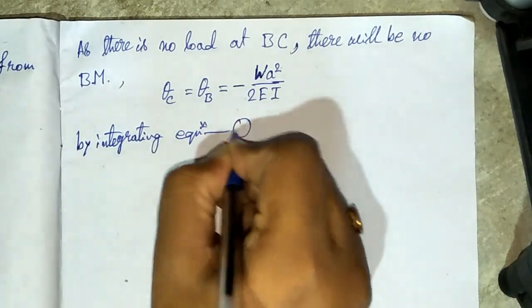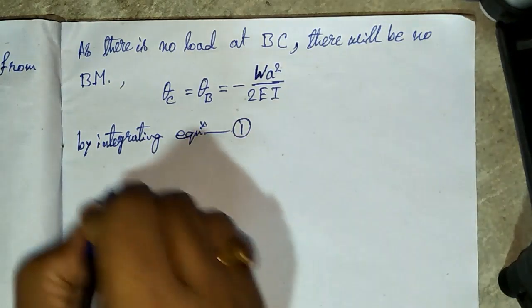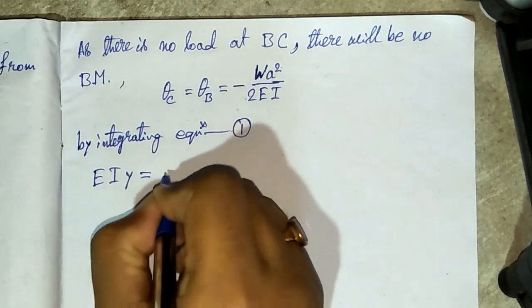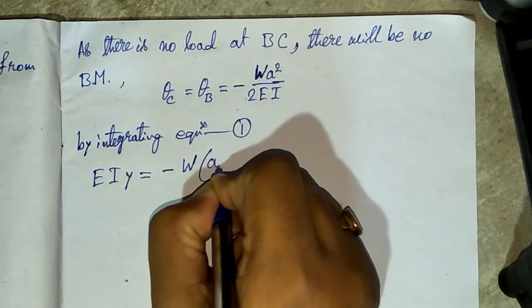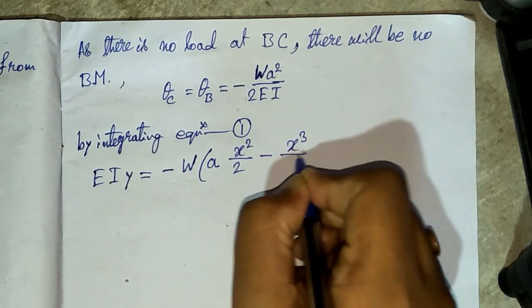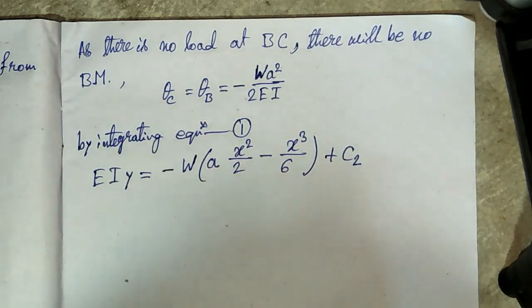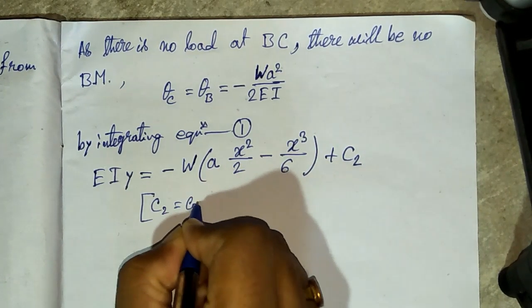By integrating equation number 1, we get EI into Y is equal to minus W into A x square by 2 minus x cube by 6 plus C2, where obviously C2 is the integrating constant.